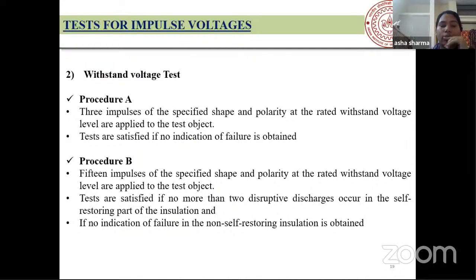Next, 50 pulses of the specified shape and polarity at the rated withstand voltage level are applied to the test object. If no more than 2 disruptive discharges occur in the self-restoring part of the insulation, and there is no indication of failure in the non-self-restoring insulation, then we say the specimen withstands that particular impulse voltage.